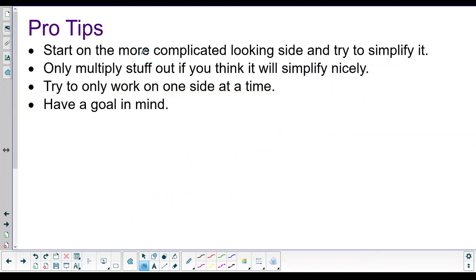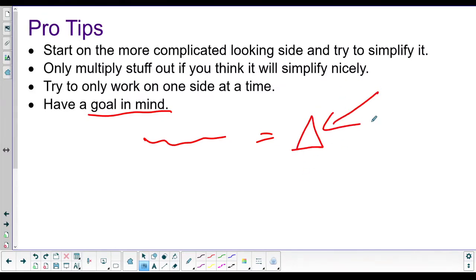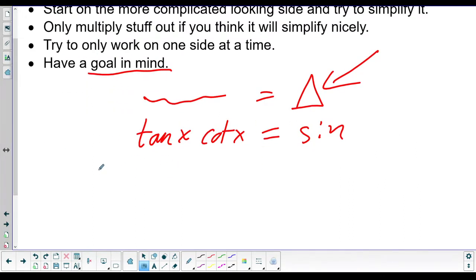Okay? Our last tip here is to have a goal in mind. Because you're going to have stuff equals nice stuff, your goal in mind is the nice stuff. However, if you see something with a tangent of x, a cotangent of x, and then you see over here sine, you want to think to yourself, how can I turn this into sine, right?